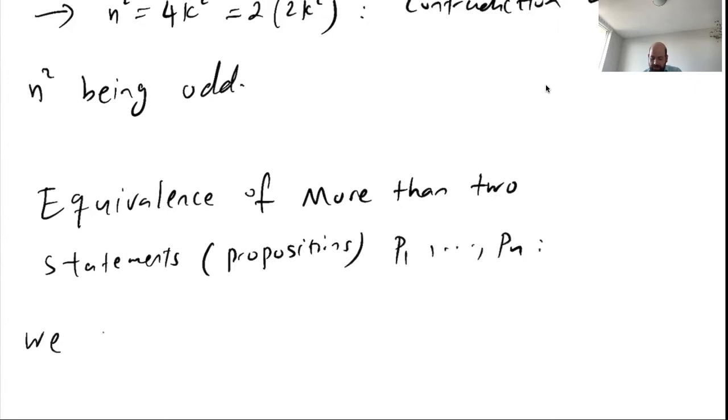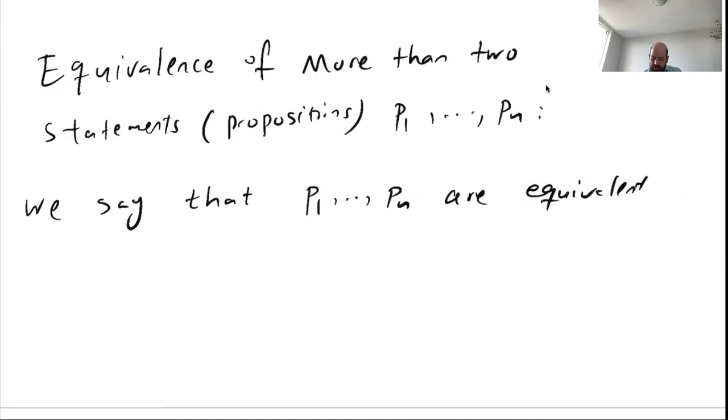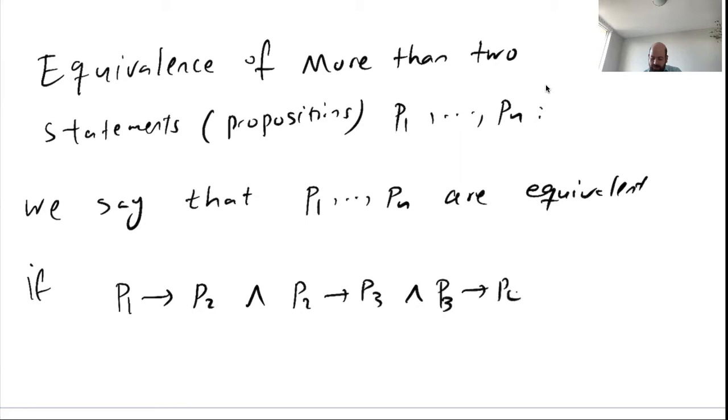We say that P1 to Pn are equivalent if P1 implies P2 and P2 implies P3 and P3 implies P4 and so on, Pn minus 1 implies Pn, and Pn implies P1.